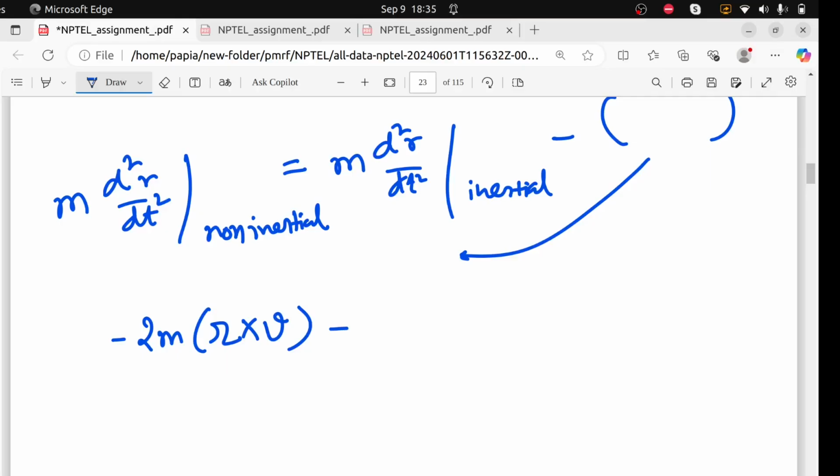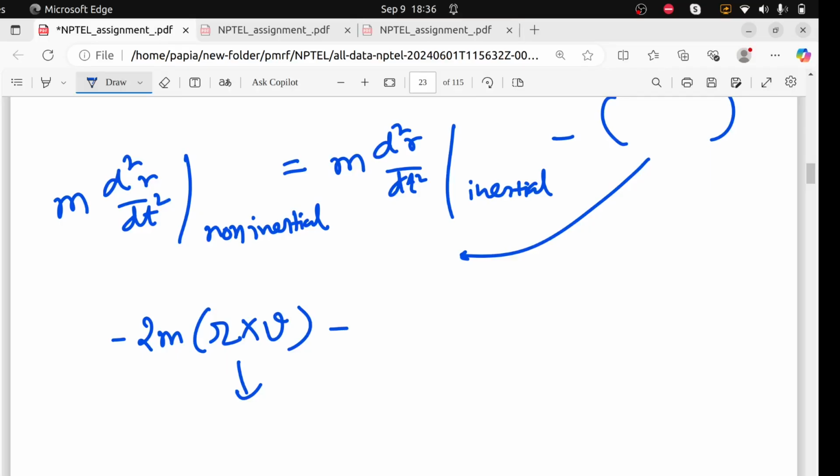So what are these things? We have ω cross v, which is known as the Coriolis force.